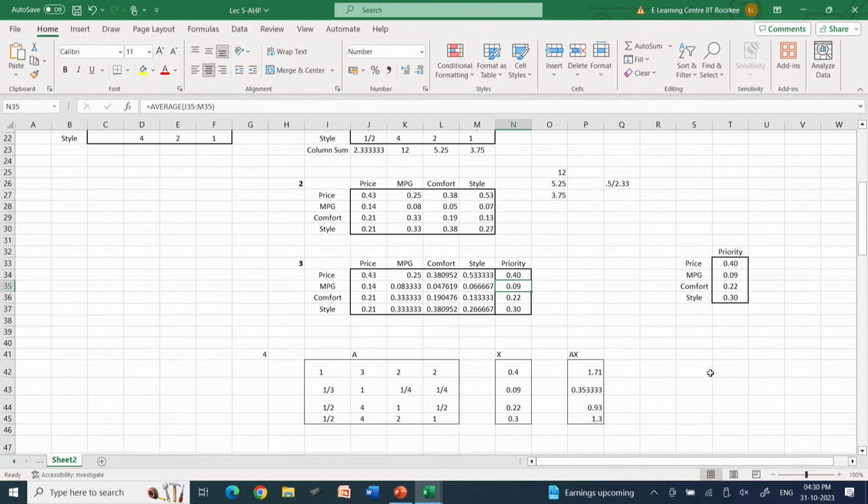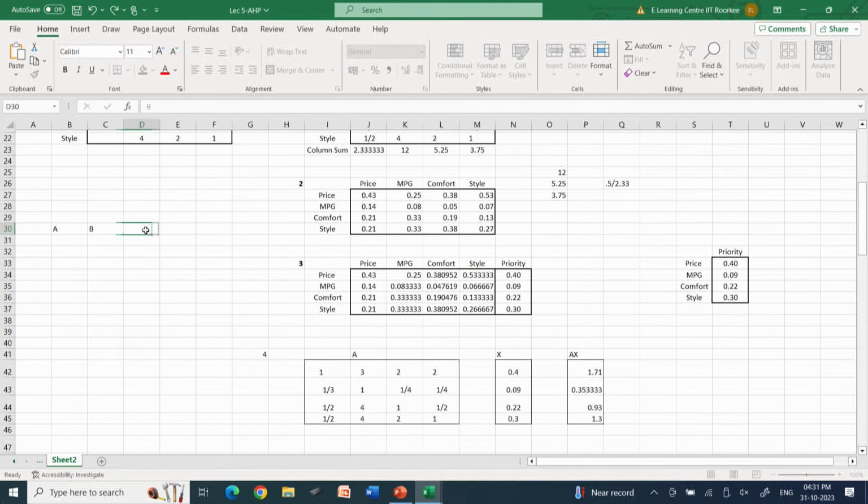Before proceeding further, we have to check a concept called consistency ratio. What is the meaning of consistency ratio? When the respondent gives pairwise comparison values, we have to identify whether the respondent has given consistent values or not. For example, A is one criterion and B is one criterion.